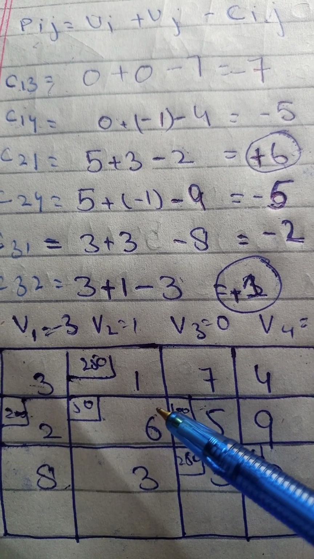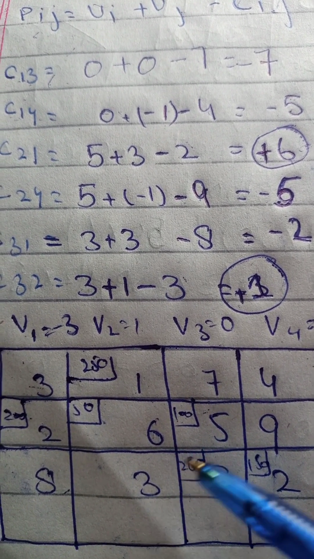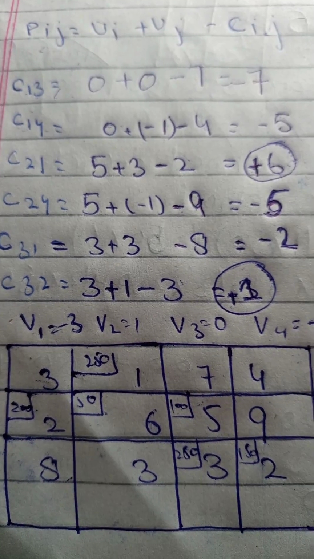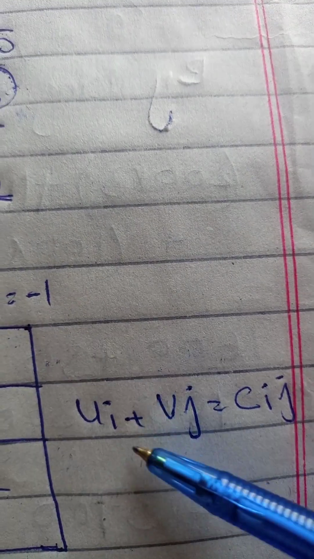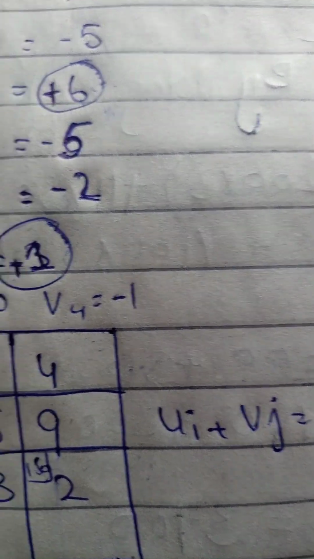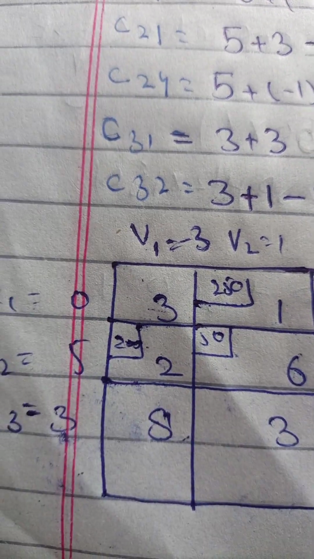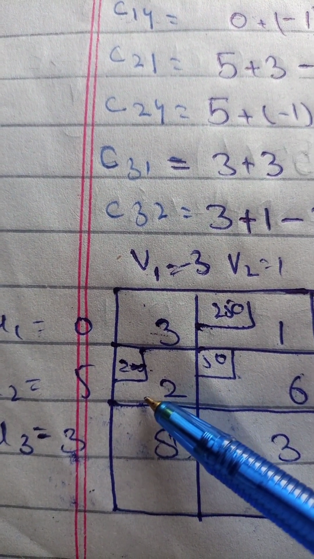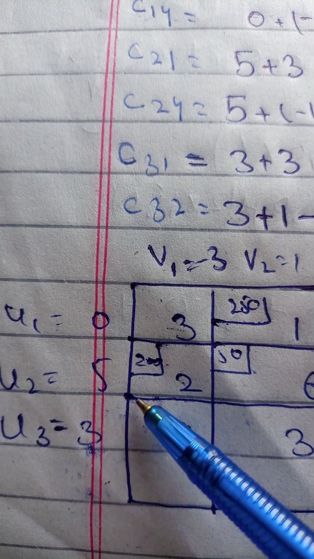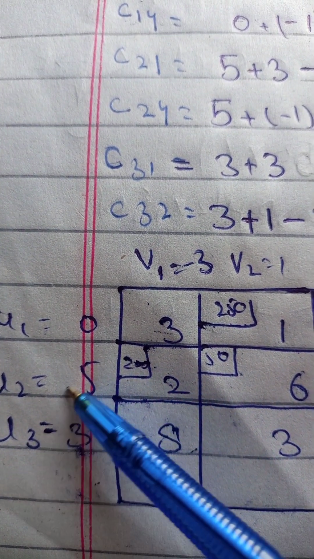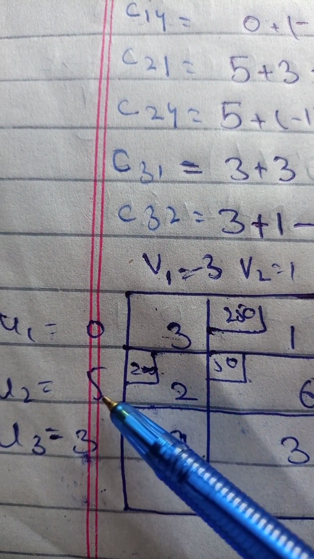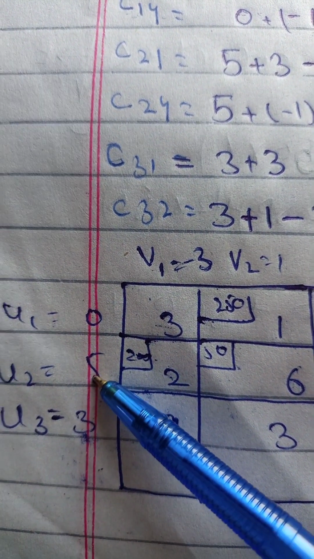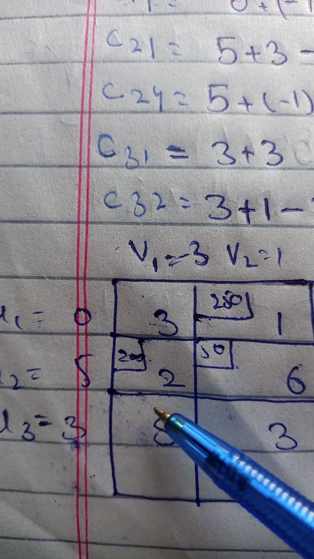Now we will find again the penalties. For finding penalties, we have to find the values of u and v by the formula ui plus vj equals cij. For this purpose, we will find again the values of u and v as we have discussed earlier. Here is 2. We will find the values of u and v with respect to 2. The value of u, we will suppose 5. 5 minus 3 equals 2.